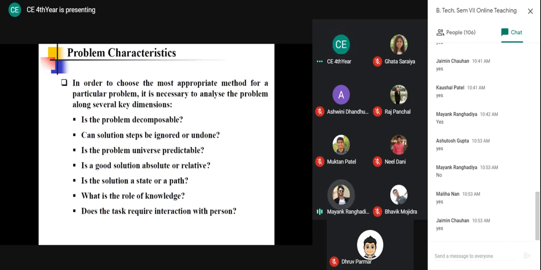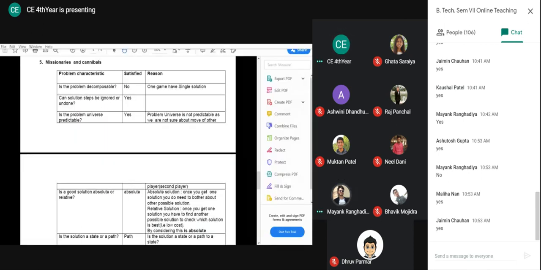No, ma'am, it is not decomposable because it is dependent on previous states.